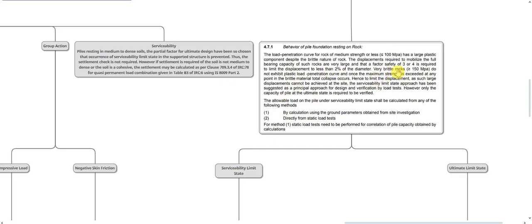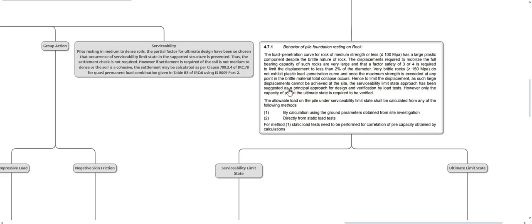In case of very brittle rock, which is more than 150 MPa, these do not exhibit a plastic load penetration curve, and once their strength is achieved, the point of failure is very brittle in nature. Hence, as such large displacement cannot be achieved at site, the serviceability limit approach has been suggested.